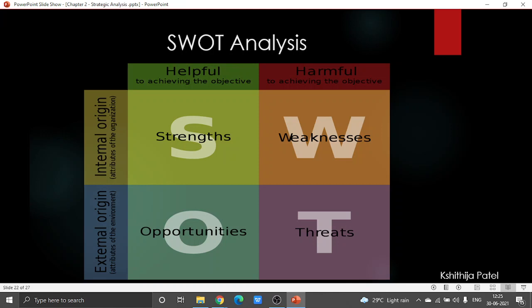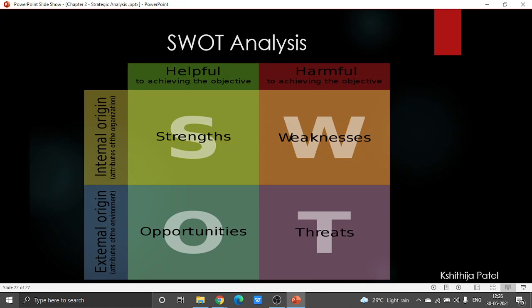So, in the matrix, you have strength, weakness, opportunities, and threats. On the y-axis, you have external origin, which represents opportunities and threats, which speak about the attributes of the environment. Higher along the y-axis, you have those elements of internal origin, that is strength and weakness of the organization, which represent the attributes of the organization itself.